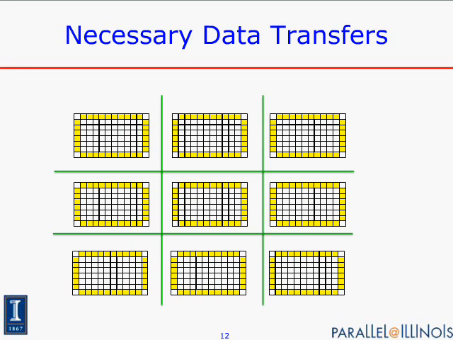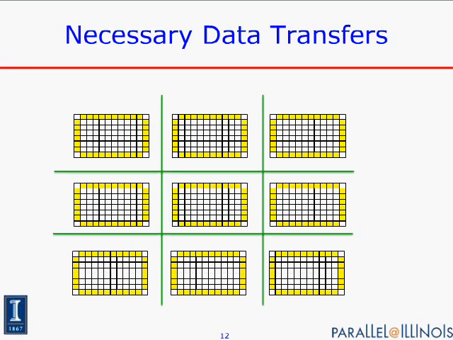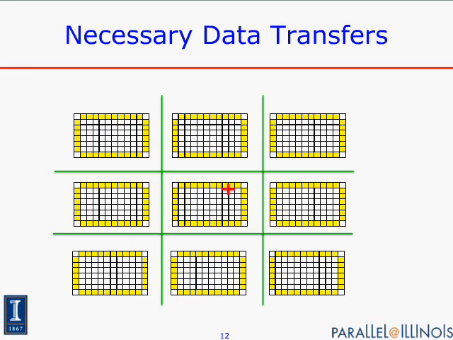So all we're doing is arranging to make a copy of data that we're going to need in order to get efficient execution of our application. And so now that stencil that was at the edge now references a point that's in this copy area. And so all that's left to do is to arrange to get that data.